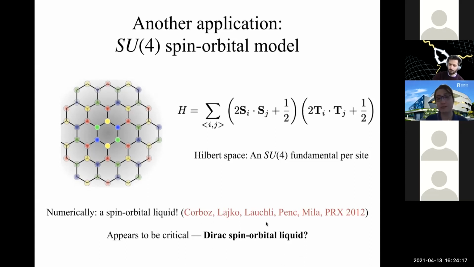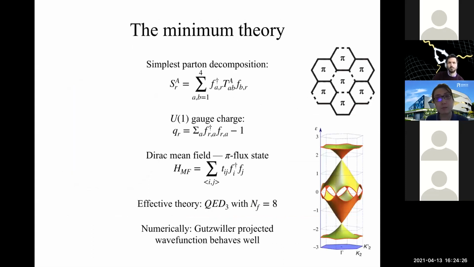So the most obvious candidate is some kind of Dirac spin-orbital liquid. The minimal theory of this kind of Dirac spin-orbital liquid for the SU4 spin is actually quite simple. It's a very straightforward generalization of the SU2 case. So the idea is you rewrite the SU4 generators again as some bilinear combination of some auxiliary fermion operator.